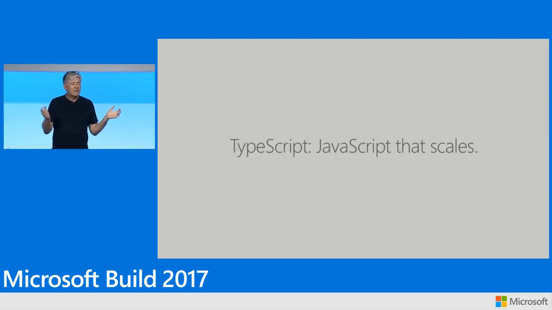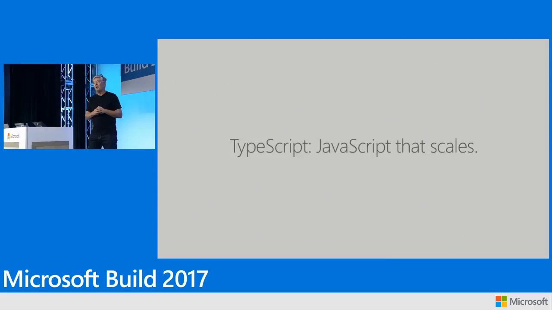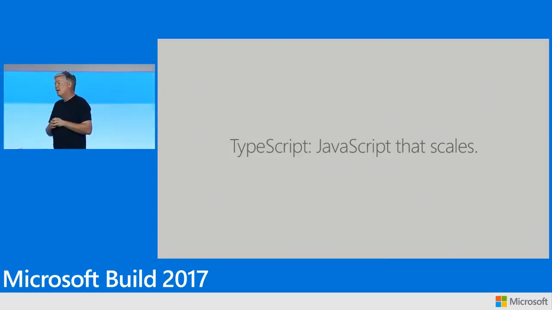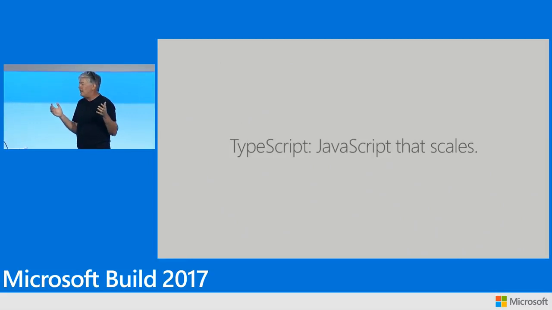So when we were looking at this problem about 5 years ago, about what can we do to make JavaScript scale better, we basically thought that the ideal solution to this problem would be to add to JavaScript those things that are missing for large-scale app development.